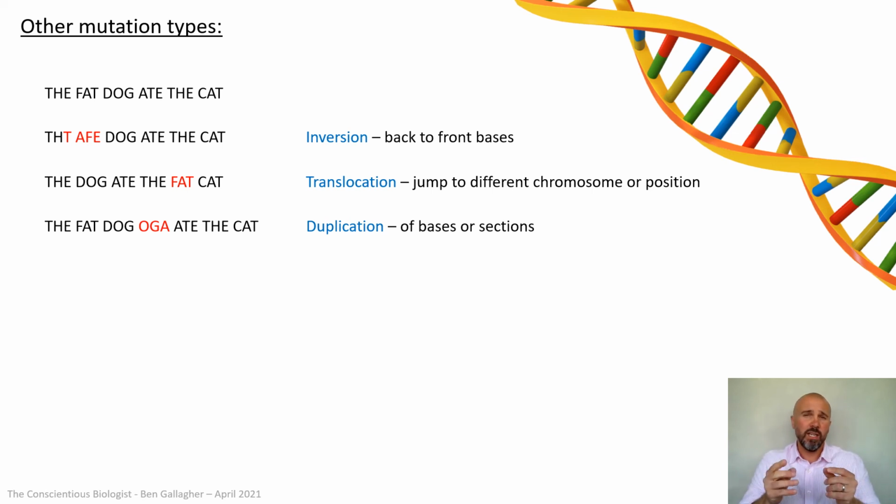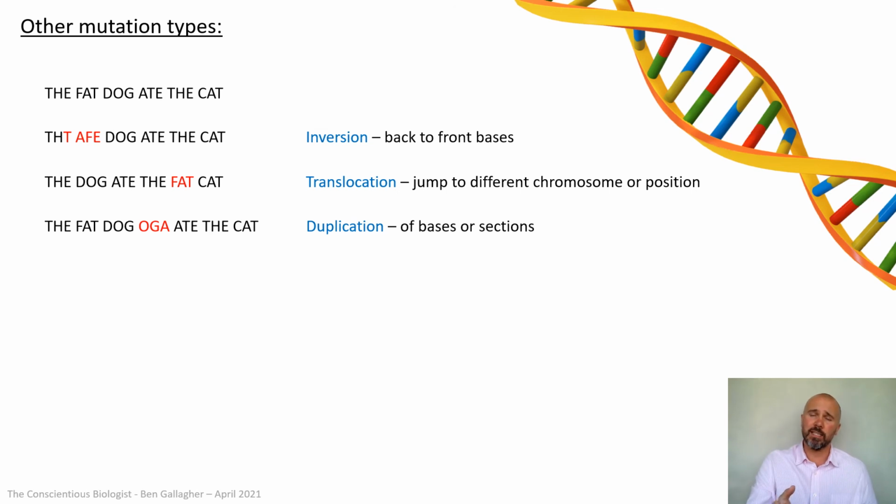Of course, if you're duplicating one, technically that's an addition of one. So you've got addition mutation going on here, which is causing frame shifts. So duplications are going to cause frame shifts, as might a translocation into the position where it jumped into. An inversion isn't going to cause an addition or deletion because you're just flipping them round.